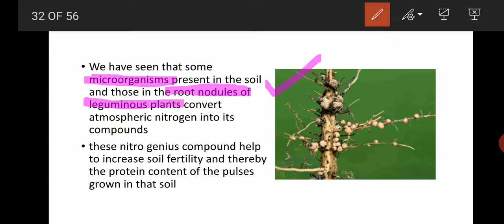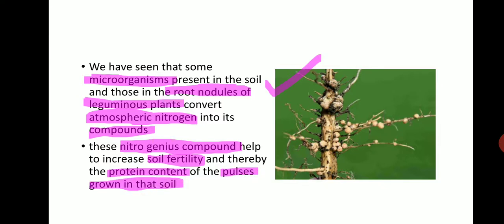These are all leguminous plants. These convert atmospheric nitrogen into its compounds. These nitrogenous compounds help to increase soil fertility and thereby the protein content of the pulses grown in that soil. So these compounds are very useful.